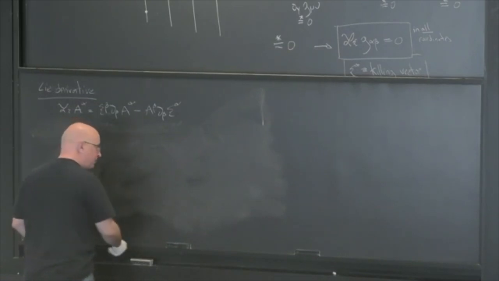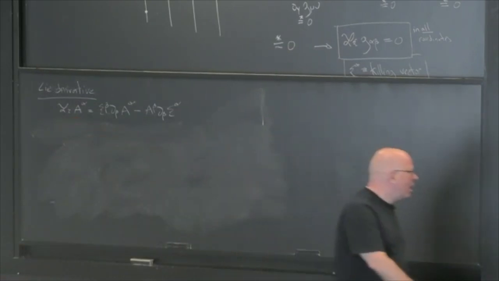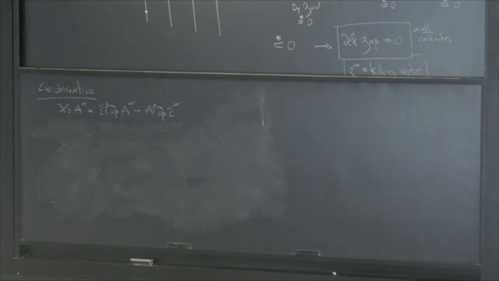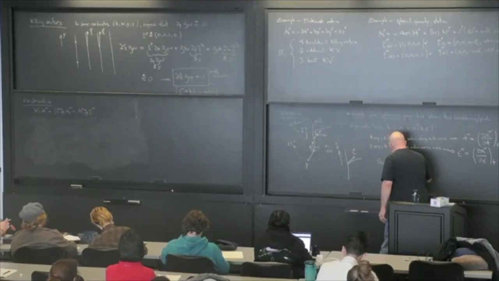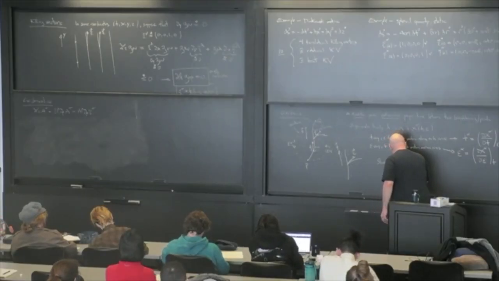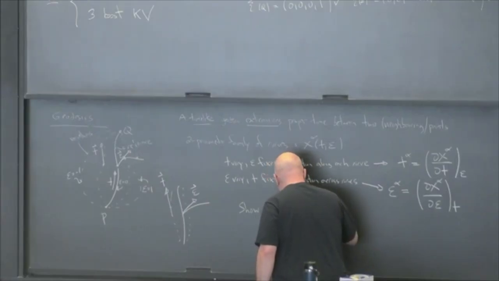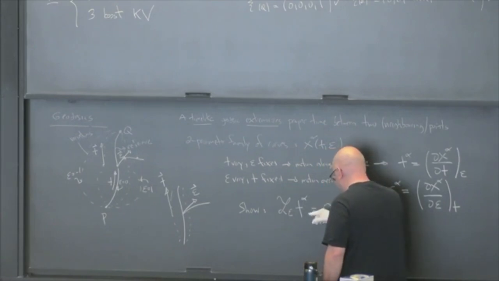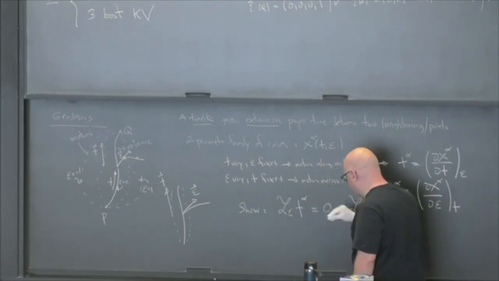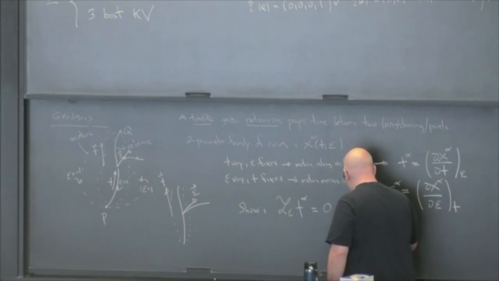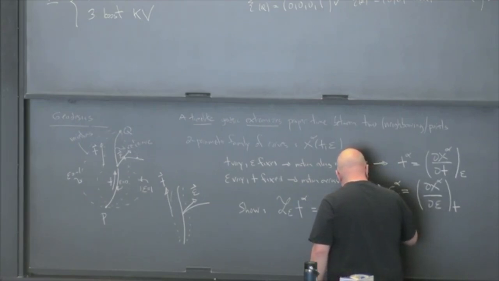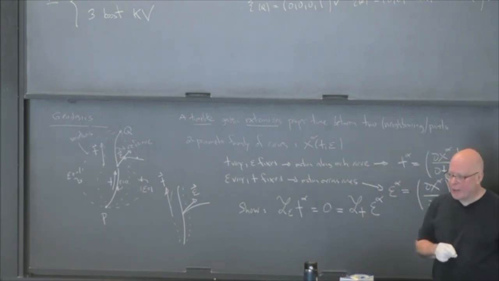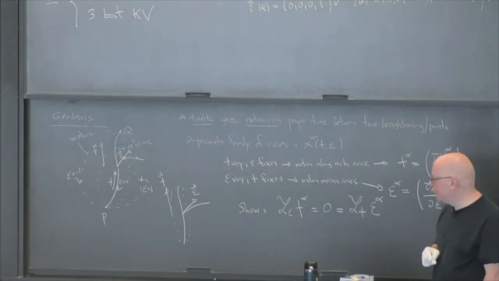Okay, so before we get started with the real thing, I want to show that the Lie derivative of the t vector with respect to the epsilon vector is 0. And because the Lie derivative is antisymmetric when we're talking about vectors, this is also saying that the Lie derivative of the epsilon vector with respect to the t vector is also 0.